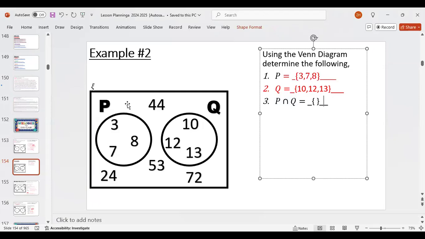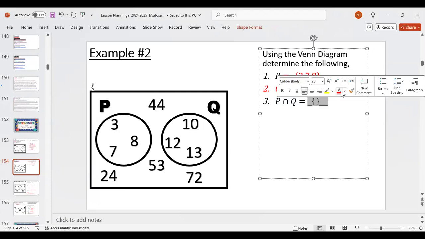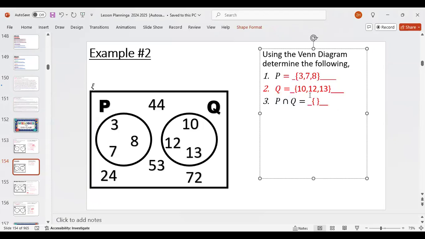Now Genesis, can you hear me? Oh, I could hear you now. Why is the intersection an empty set? Because there is no intersection here. Okay, so there are no numbers that are common in both of the sets, right?